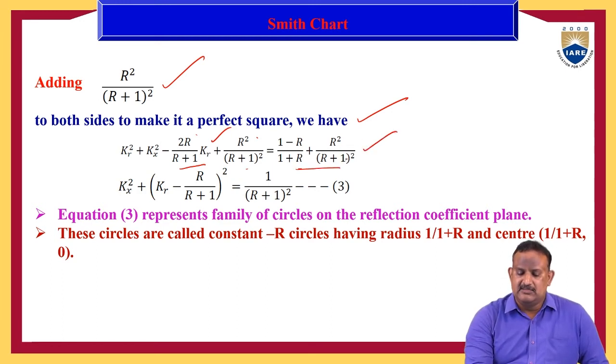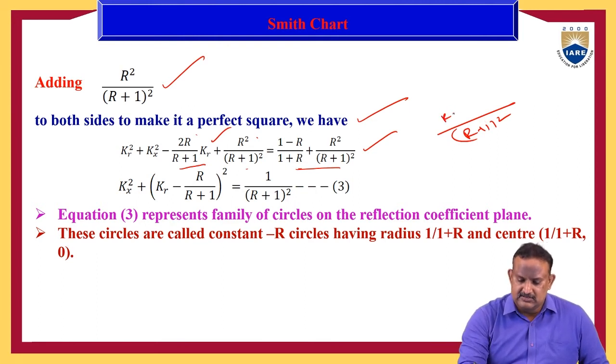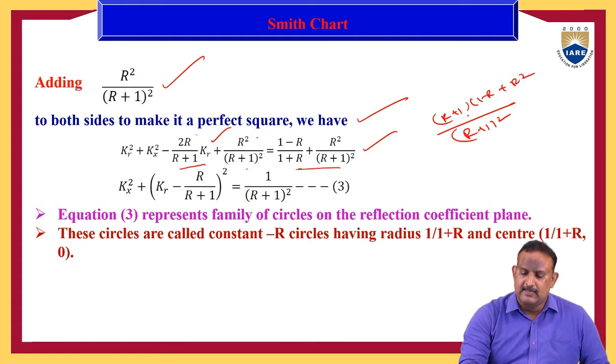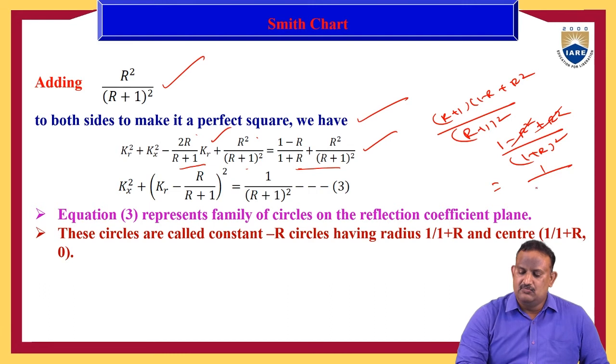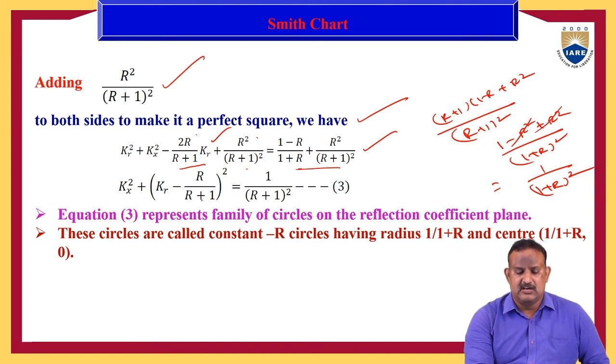Taking the LCM and simplifying, we have (R plus 1) into (1 minus R) plus R square, so it is 1 minus R square plus R square by (1 plus R) whole square. The R square terms cancel each other, so we have 1 by (1 plus R) whole square. Therefore the equation becomes Kx square plus (Kr minus R by (R plus 1)) whole square equals (1 by (R plus 1)) whole square.